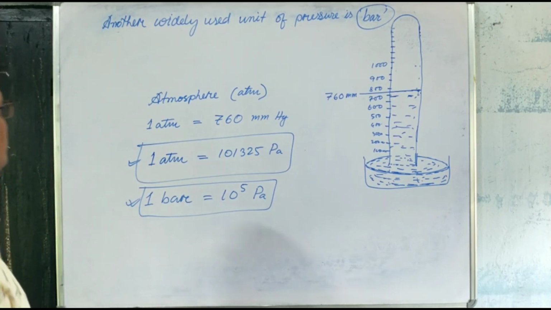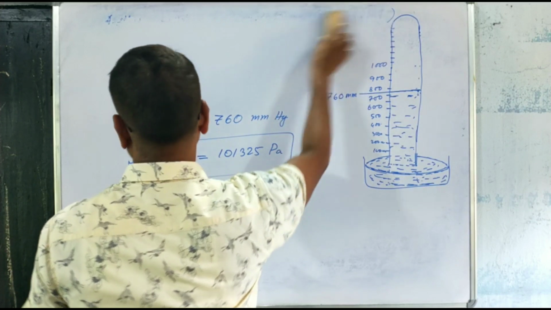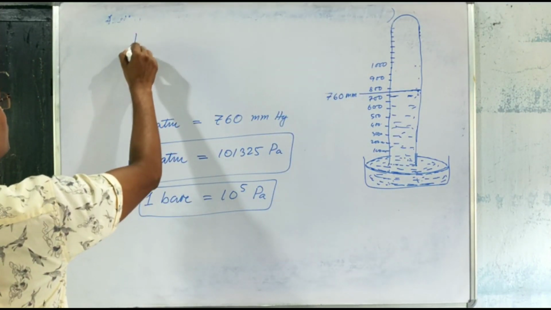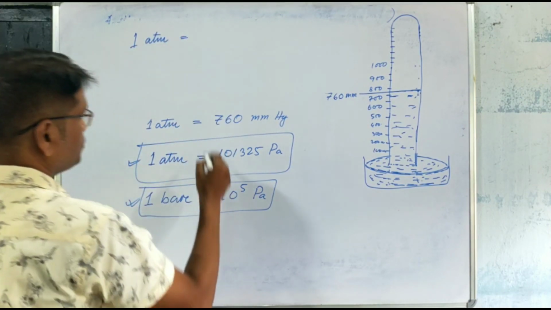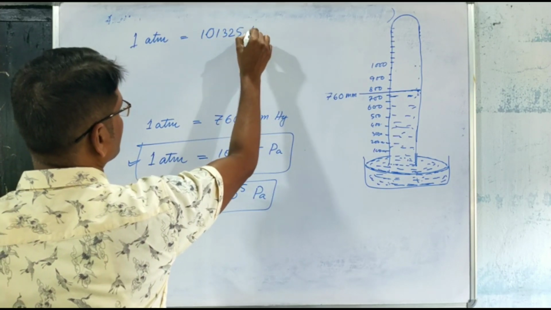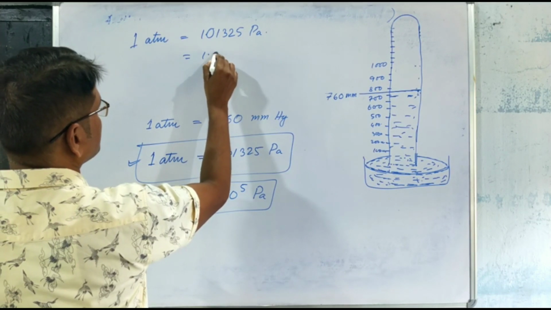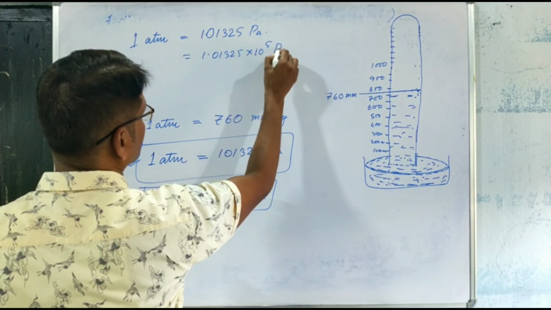Okay. Now, you see 1 atm is equal to 101,325 Pascal, equal to 1.01325 into 10 to the power 5 Pascal.